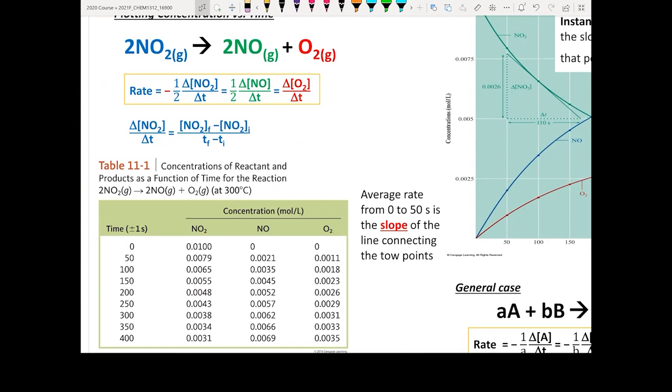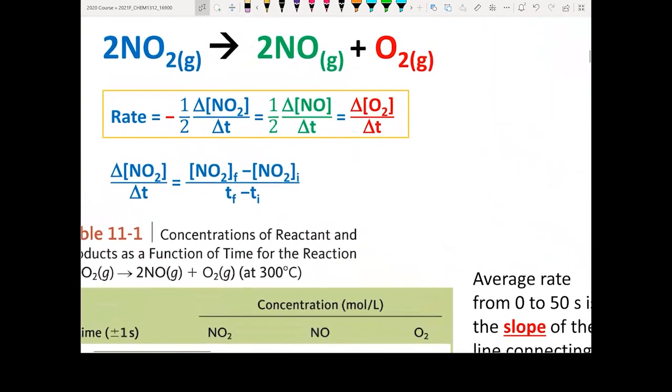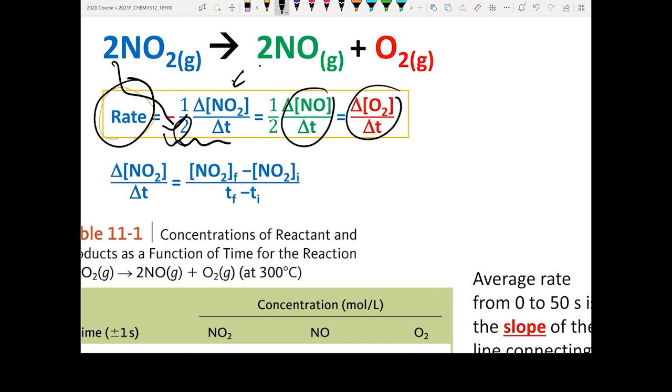This is a critical concept that you should know. Once you see those, you should know the overall reaction rate is equivalent to the disappearing rate of your reactants normalized by the stoichiometry numbers, and it should also equal the formation rate of your product divided by its coefficient.